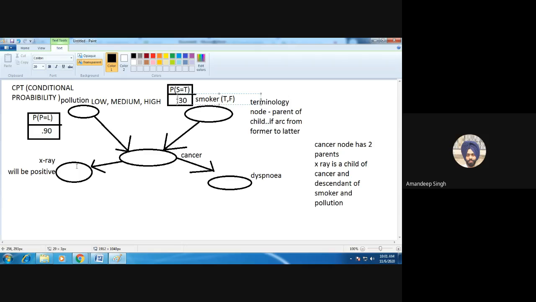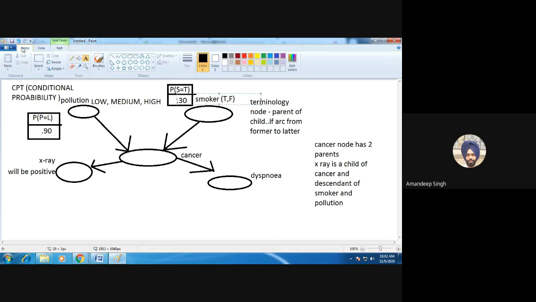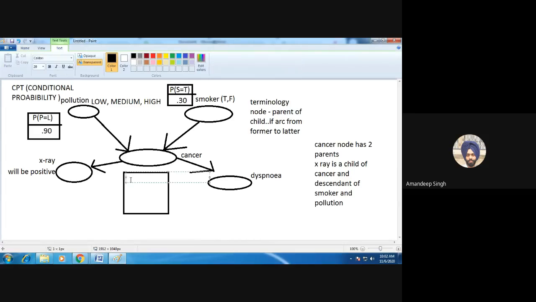Now for the cancer node, if we try to compute our CPT, here we will have different factors coming into the picture. One is the probability P.